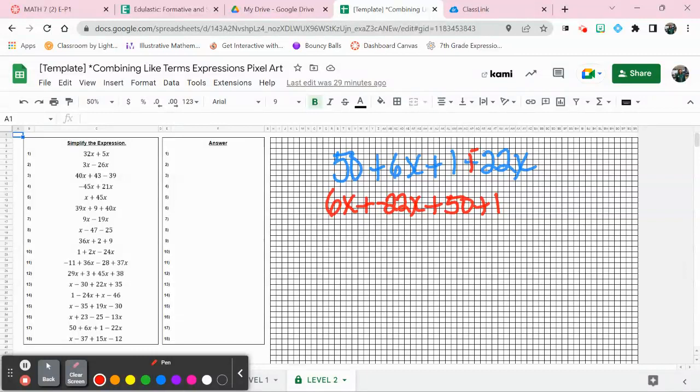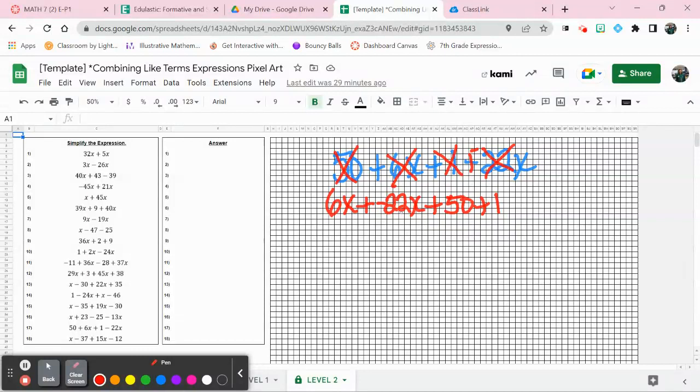We do have negative 22x. We do have 6x. We do have a 50. And we do have a 1. I like when they get bigger and longer, putting the things that match together. Okay, so 6 plus negative 22. We can't add those. They're different signs. They go different directions on the number line.